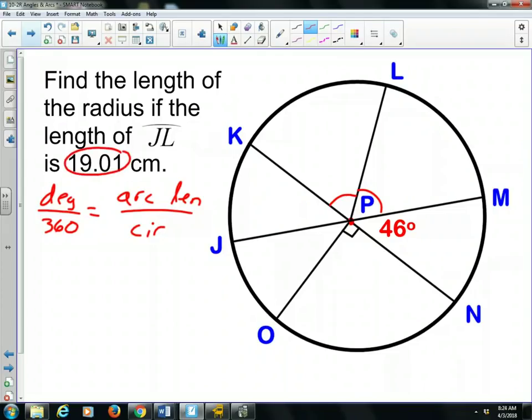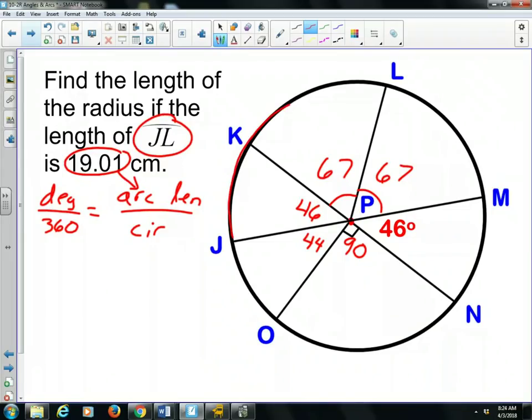So 19.01, we know what that is. The degree, remember, this is kind of the same problem that we had earlier where these were each 67. This one here was 46 and 44 and then 90. So we know the degree of the arc.